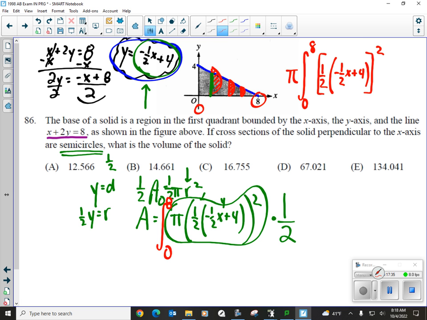Pi r squared. But also, I want half of that, because I don't want the whole circle, I want half the circle. So this half is for the radius, making the diameter into the radius. And this half is, I don't want the area of the entire circle, but half the circle, the semicircle.